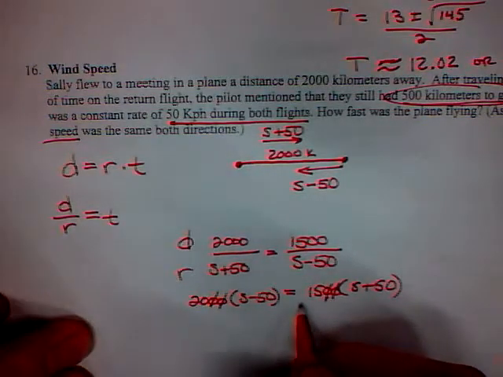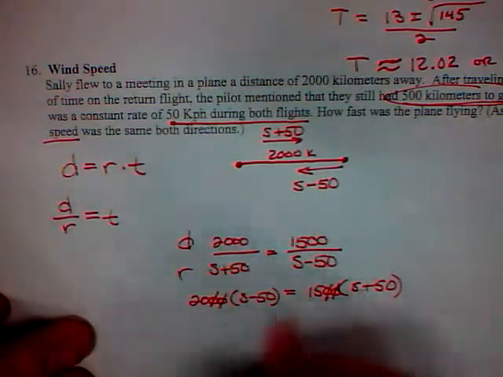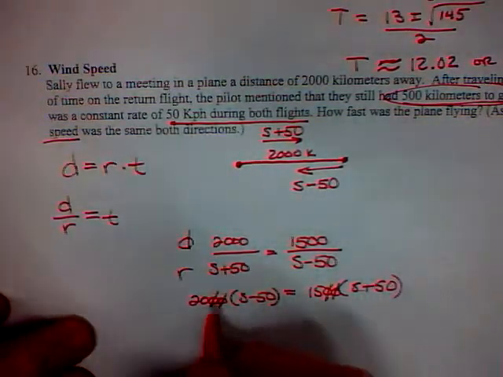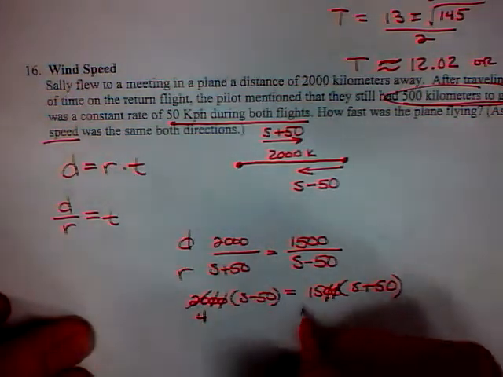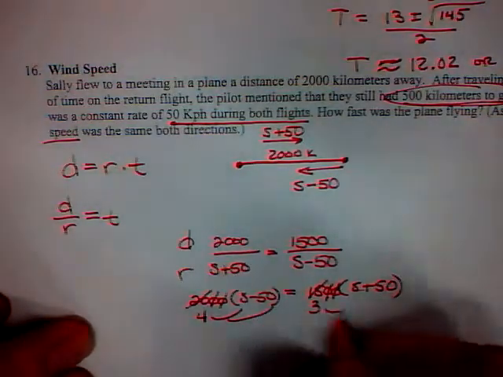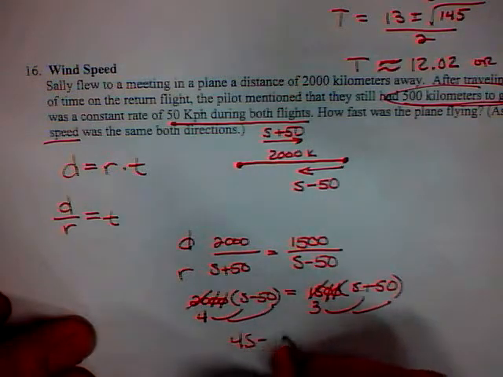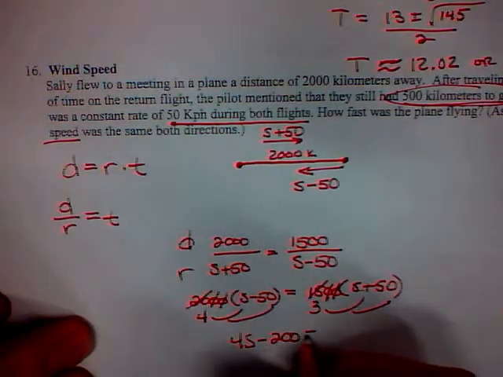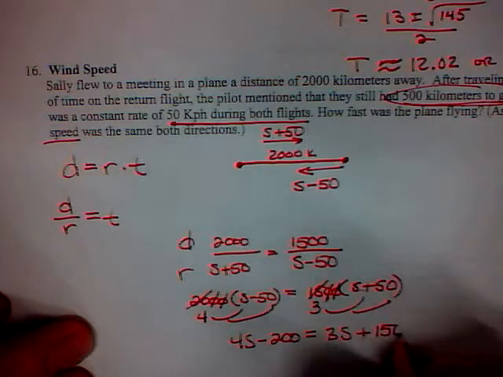And we do know there's a common factor on both sides, so we could actually reduce the amount that we have to distribute by. We could take out a 5, which makes this a 4, and this a 3. So we're distributing a 4 here and a 3 there. A little easier. So this is 4s minus 200 equals 3s plus 150.